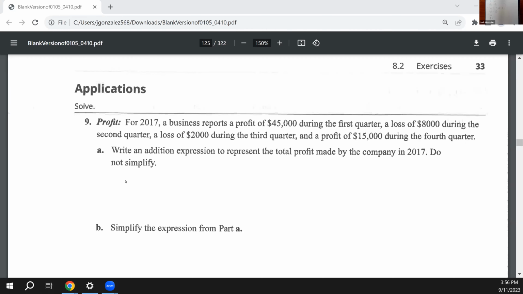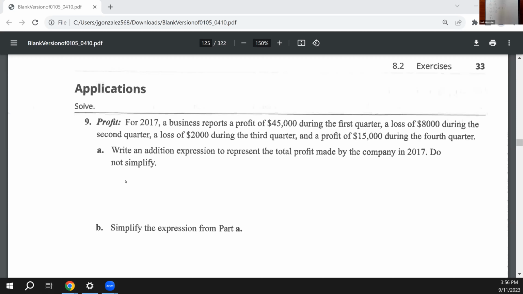Number 9. Let's see here. Okay, so in 2017, some random business made 45K in the first quarter, lost 8K in the second quarter, another loss of 2K during the third quarter, and then made money again, 15K in the fourth quarter.